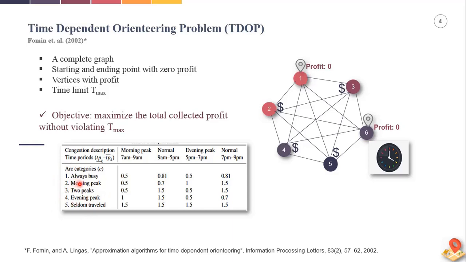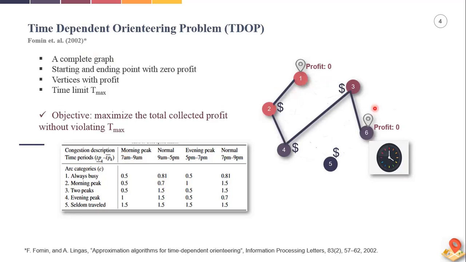Based on this category, the edge has a different speed in each time period. With these details, in time-dependent OP, we are looking for the path from the starting vertex to the ending vertex, such that the total profit becomes maximum and the travel time doesn't violate the time limit.